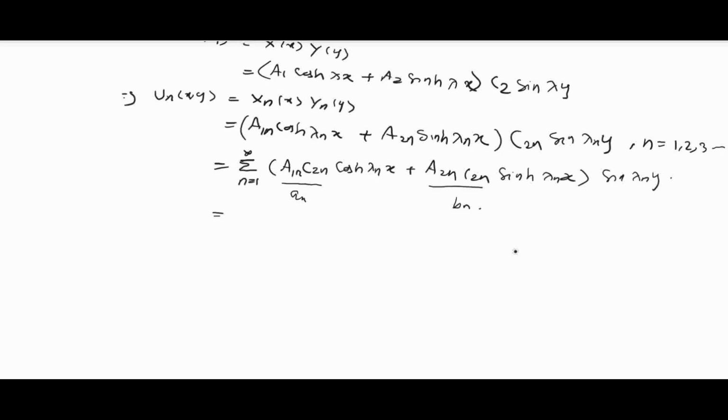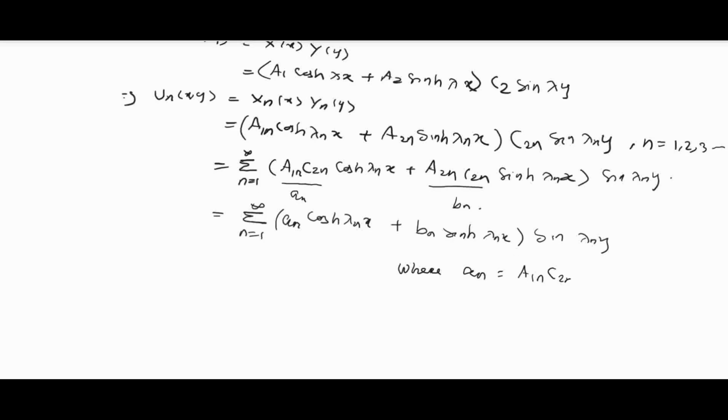We can rewrite the equation as a summation of n is equal to 1 to infinity of an cosh lambda n x plus bn sinh lambda n x, whole into sin lambda n y, where an is equal to a1n c2n and bn is equal to c2n a2n. Okay, so we got this one.